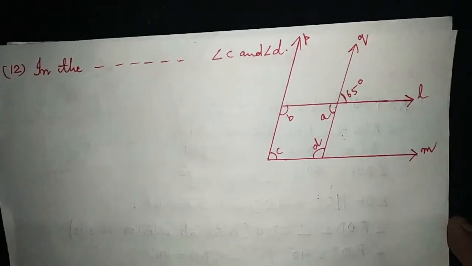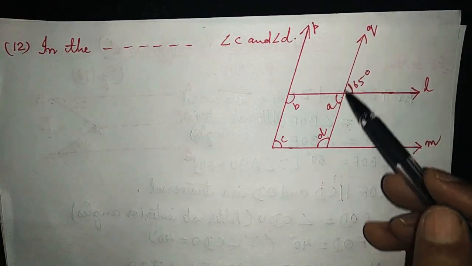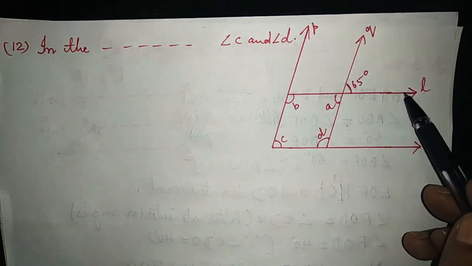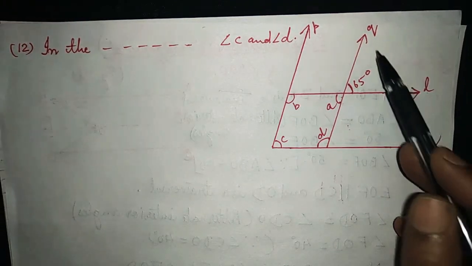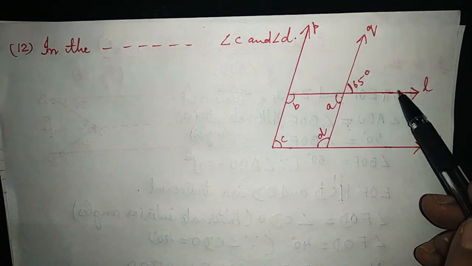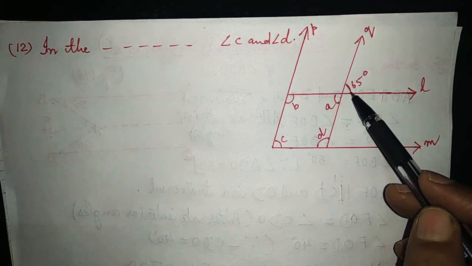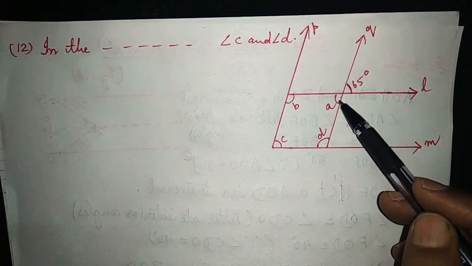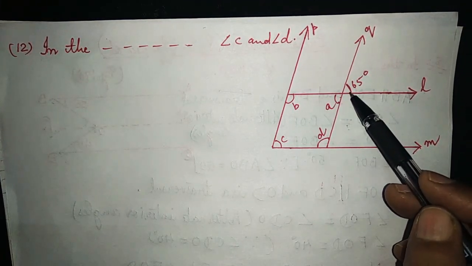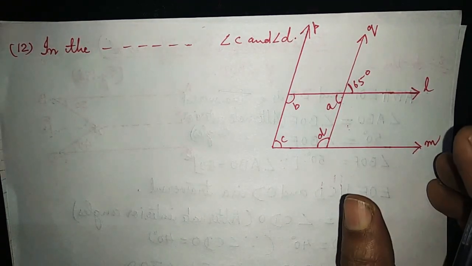Here you can see angle A and the 65 degree angle. These two lines are a straight line, and these two lines are intersecting each other. So here A equals 65 degrees. Why? Because they are vertically opposite angles and vertically opposite angles are always equal.